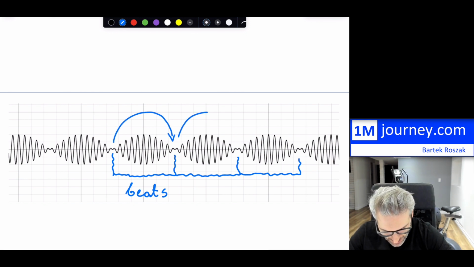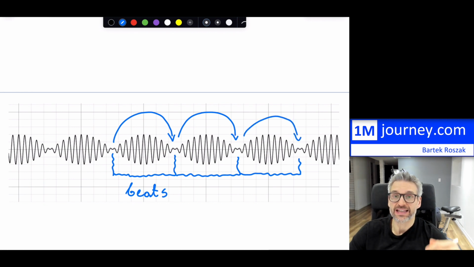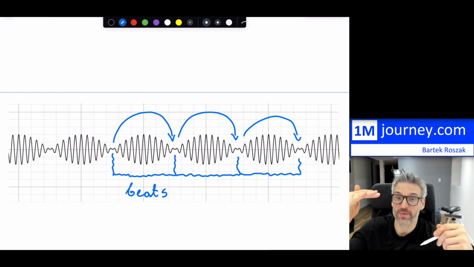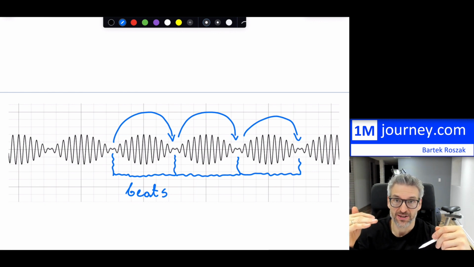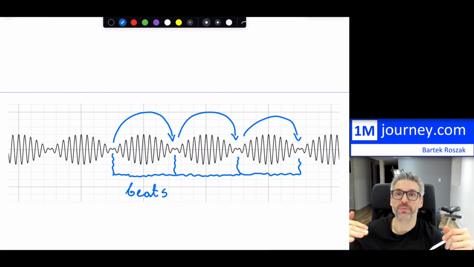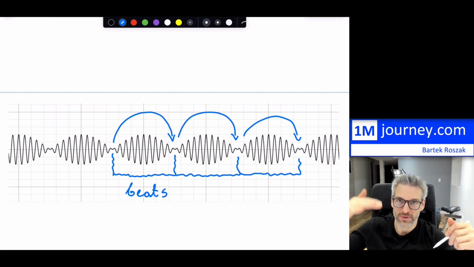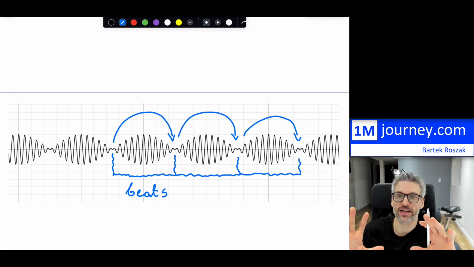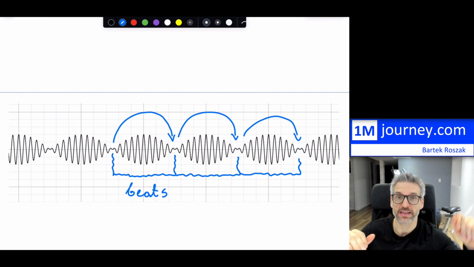One period, second period, third period, and the intensities change from high intensities to basically no intensity. So notice if you had these, the destructive interference would cause that we would hear literally a beat where it goes boom, and then a pause where you almost don't hear anything, and then another beat.